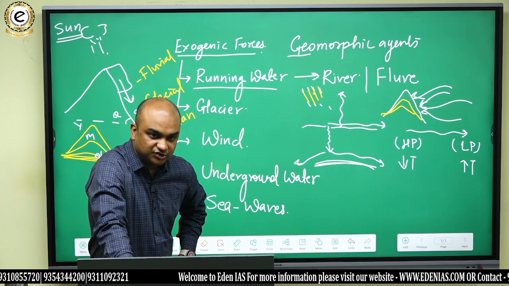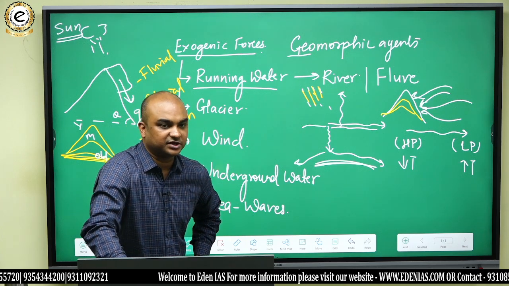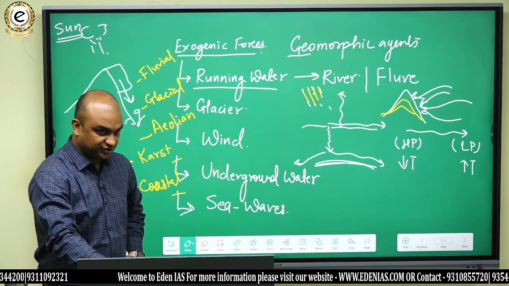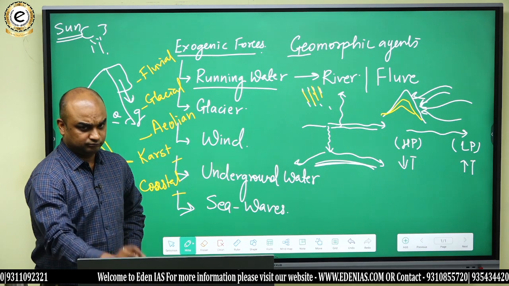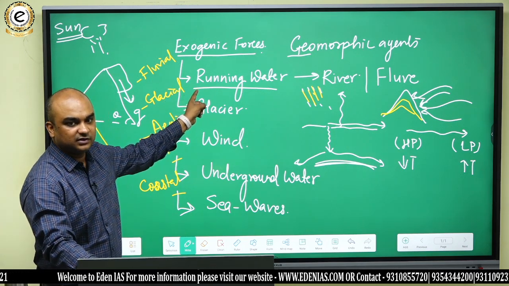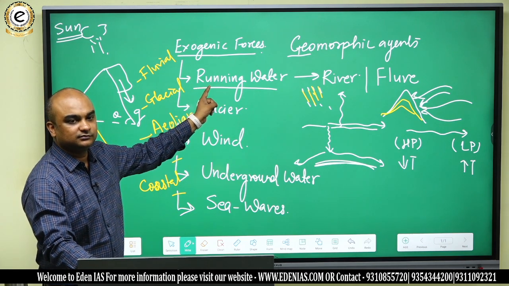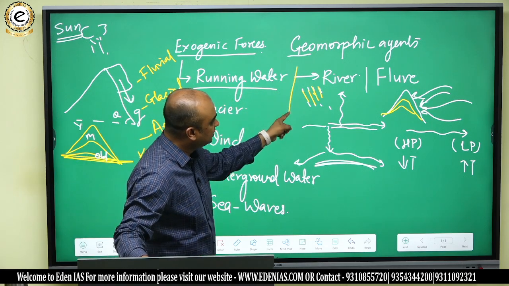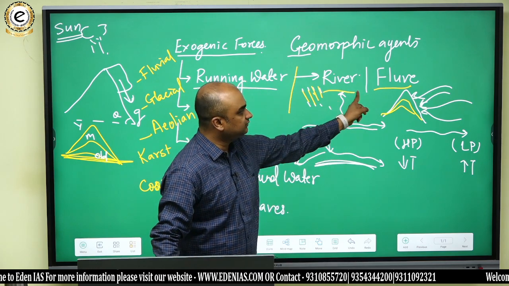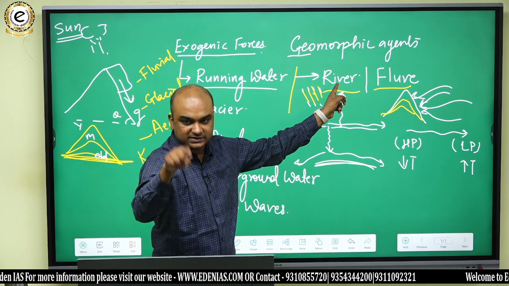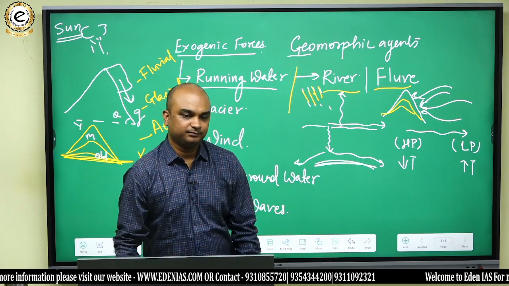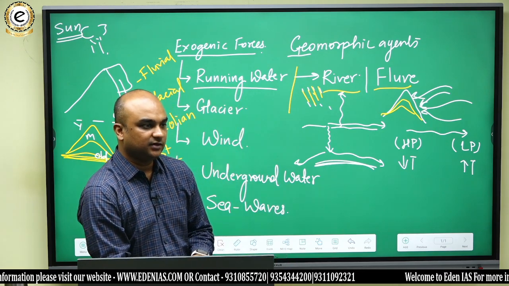The 5 major agents of destruction are, put a hyphen and then you can write like this: running water slash fluve slash river. Put a hyphen and write fluvial cycle of erosion.